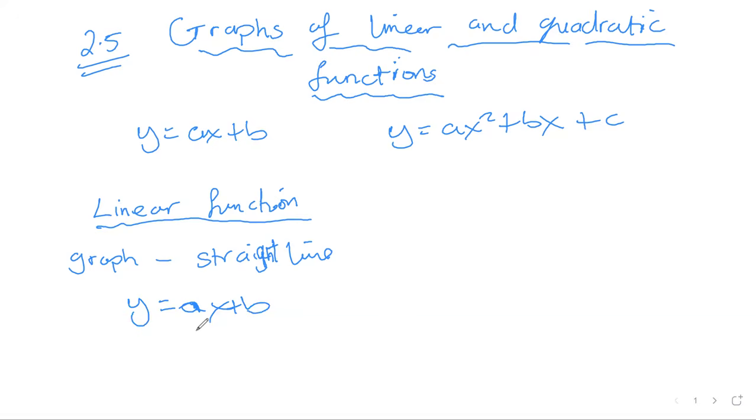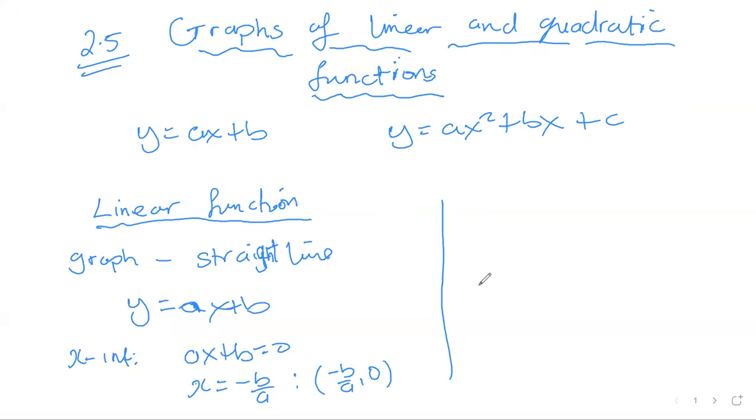So in this case, with y equals 0, it means for the x-intercept, ax plus b is 0, so that x is minus b over a. So the x-intercept is the point minus b over a, 0, right?